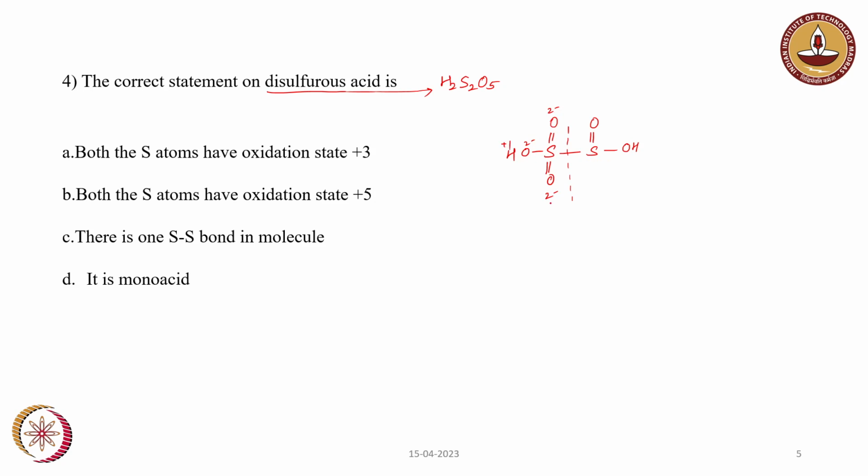So 2 plus 2 is 4, plus minus 2 is minus 6, so minus 6 plus 1 is minus 5. So minus 5 is the total negative charge on the sulfur. To neutralize this, sulfur should have plus 5. So this sulfur is in plus 5 oxidation state.